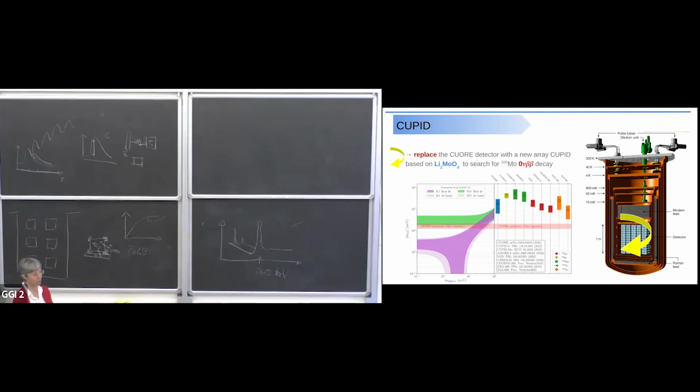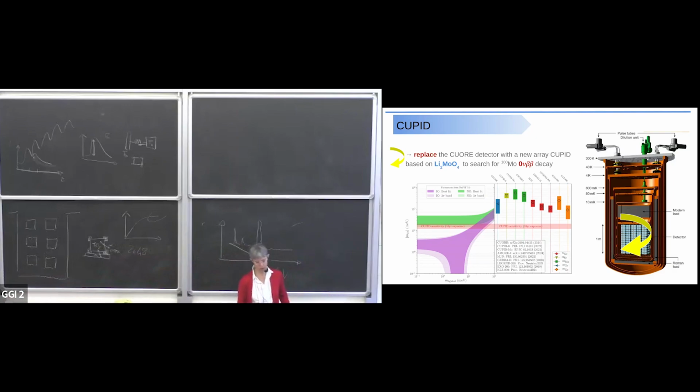So, at the end, you have to be competitive with the other experiments. So the goal is very clear. And our strategy is to avoid changing the infrastructure, but simply to replace the detector.